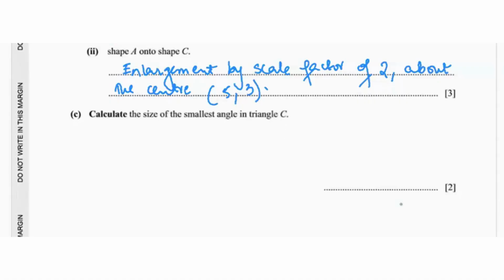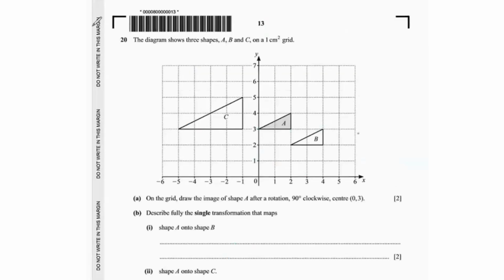So smallest angle in triangle C is this one. We know this is 4 units, like this distance, and this is 2 units. This is a 90 degree. So we can easily use tangent.